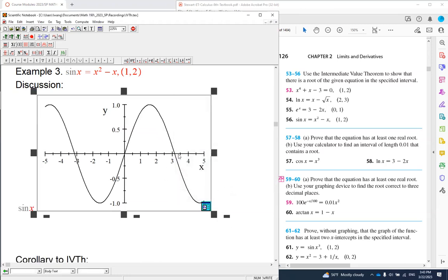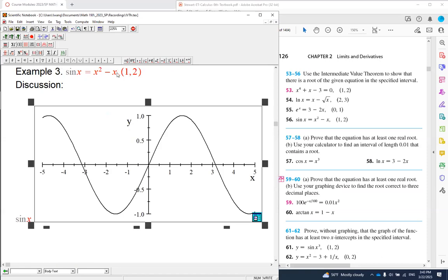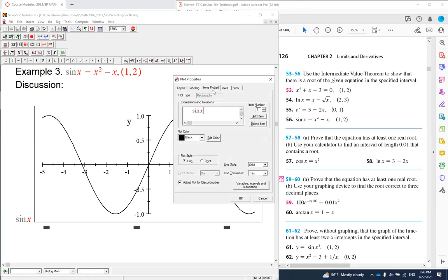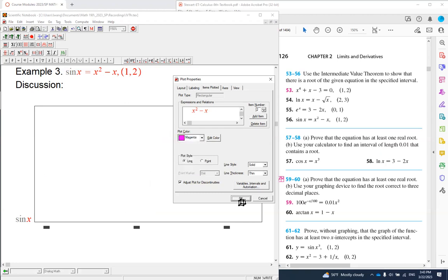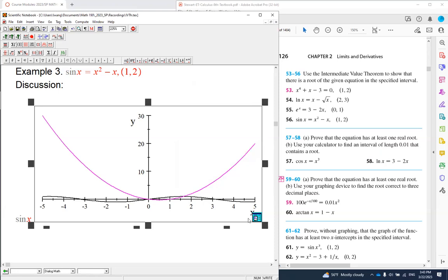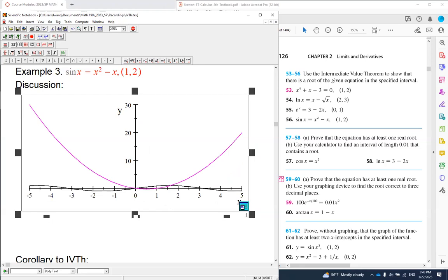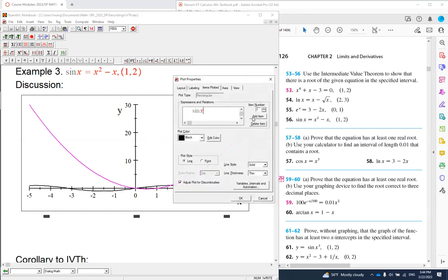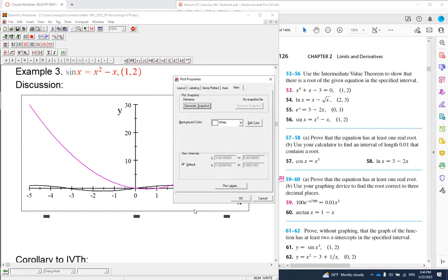And now what is x squared minus x? We're going to plot that curve, right? We have a different color, purple. There. Oh, look at that. We have to make some adjustment to that picture, right? So let's do it. The view, we're going to go from -2 to +5.